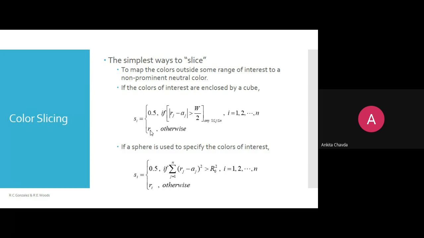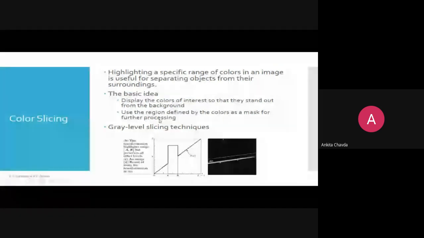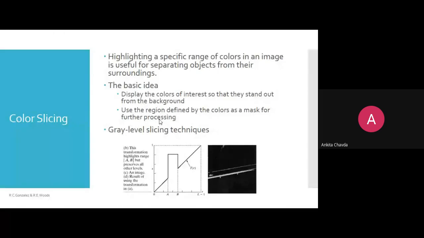It is the same because we are not touching this. This will remain the same, where we are interested only at this place. So this is what you have specified as your width. If it is within this range, then you want to make it 0.5, so it will be clearly visible. Okay, this is only the object.